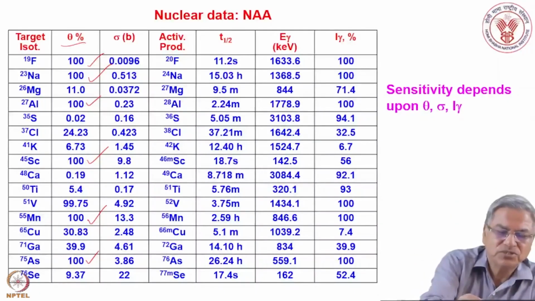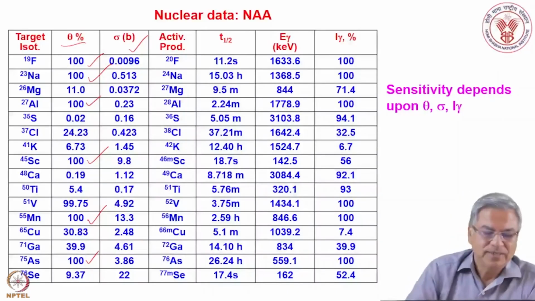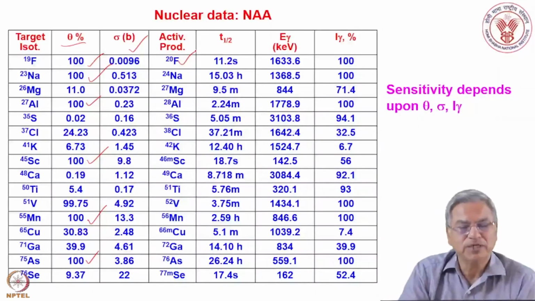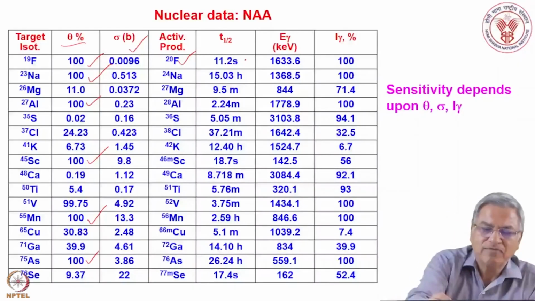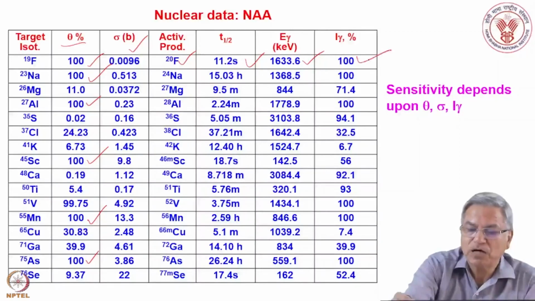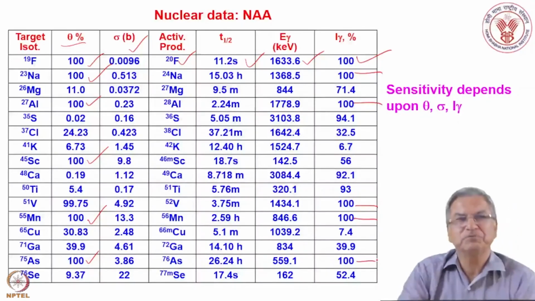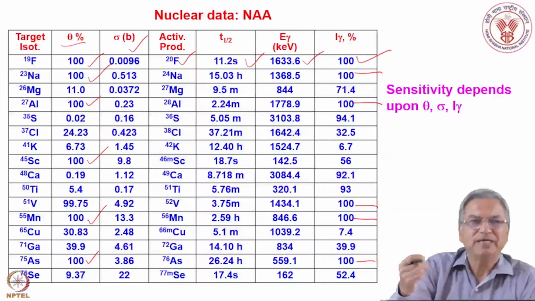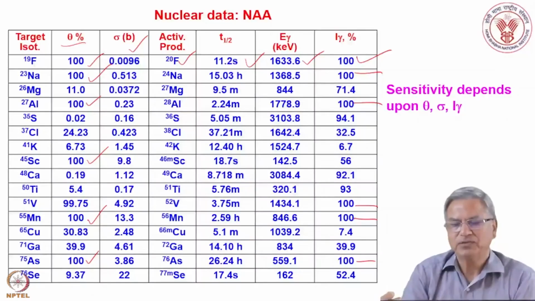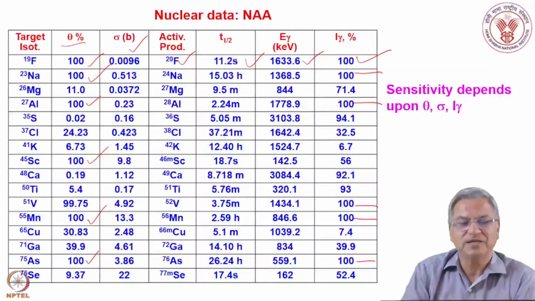These are the cross sections for the particular isotope neutron capture reaction, in barns, and these are the products that are formed after neutron capture, their half-lives, the gamma ray, and then the intensity of the gamma. You can see here gamma ray intensity, some of them have 100%, meaning every decay, it could be beta minus or electron capture, will give you one gamma ray. So gamma ray abundance or gamma ray intensity is 100%.